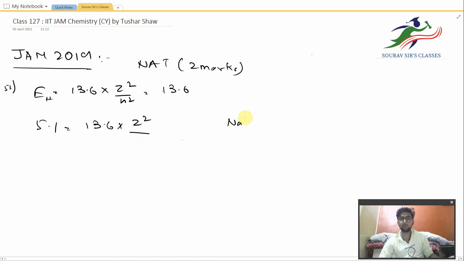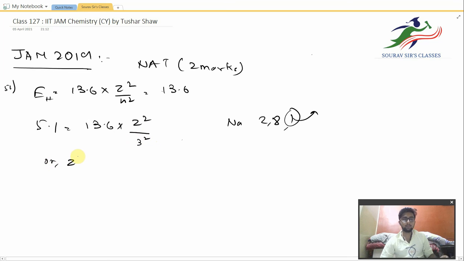In the first orbit there are 2 electrons, in the second orbit there are 8 electrons, in the third orbit there is 1 electron, and the removal of this electron is the first ionization potential that we are talking about. So this is the third orbit, so n will be equal to 3, and n square is 9.